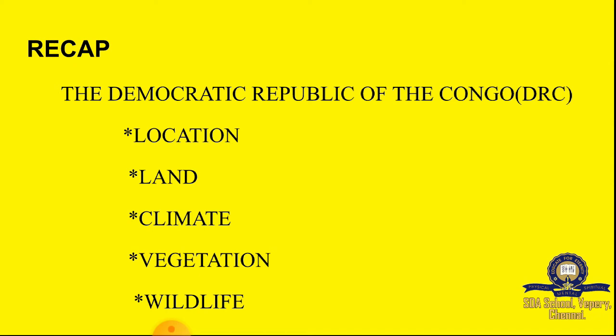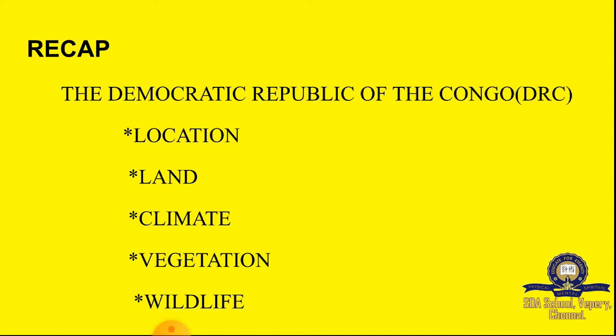And we learnt about land. River Congo, the second largest river in Africa, flows through the country. This river is known as the highway of Central Africa.